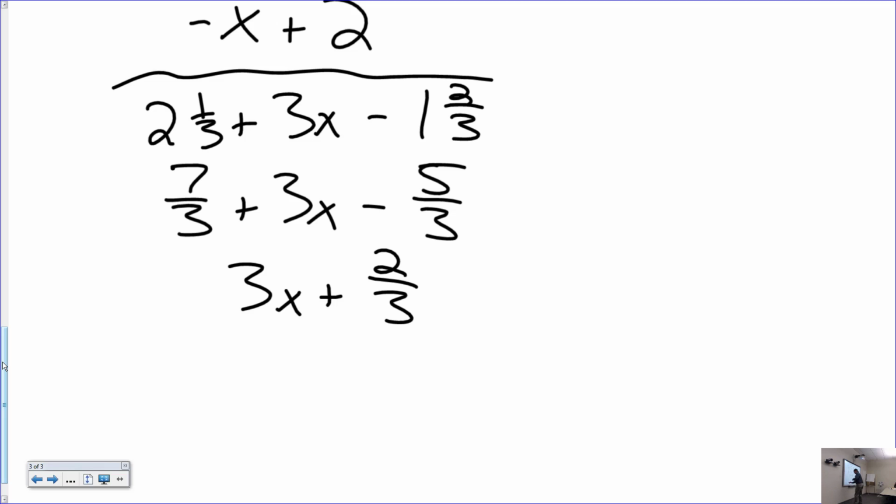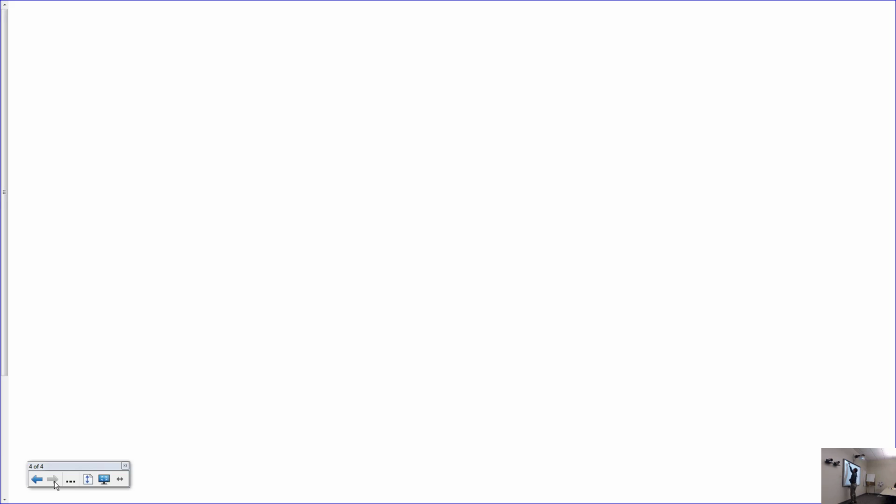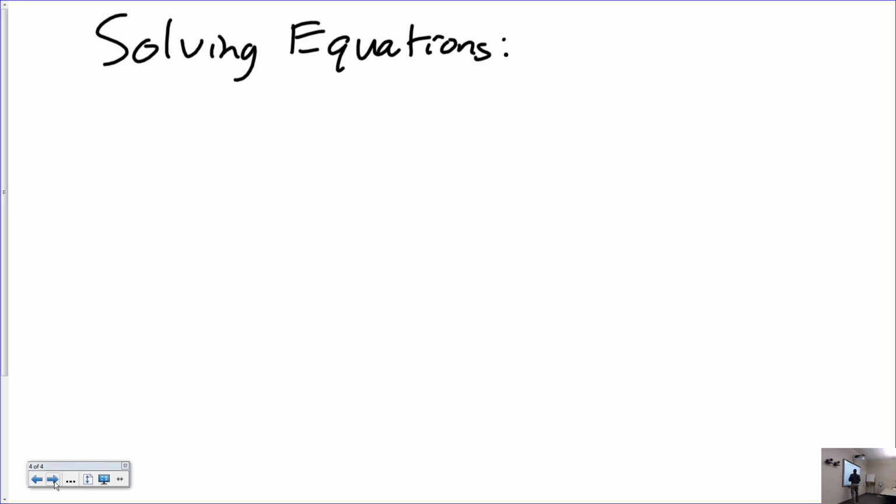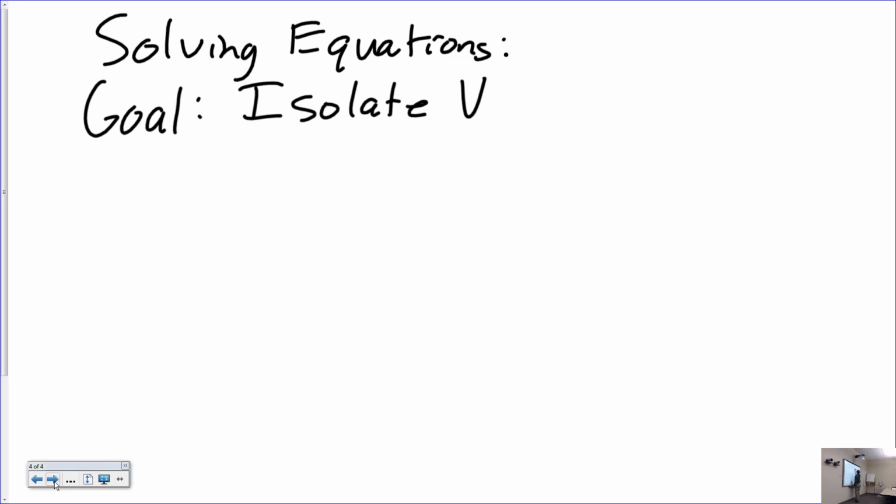All right. So the goal of this section is really getting to the ultimate step of solving equations. So, how do we go about solving equations? Well, the key, the goal, and this is a very mathy way of describing it, by the way, folks, is to isolate the variable.